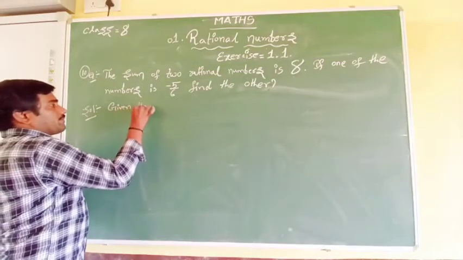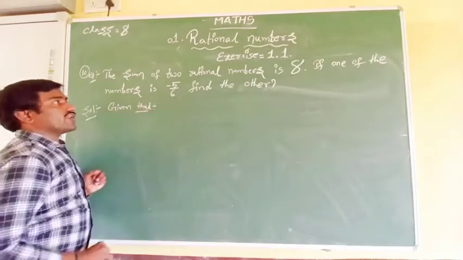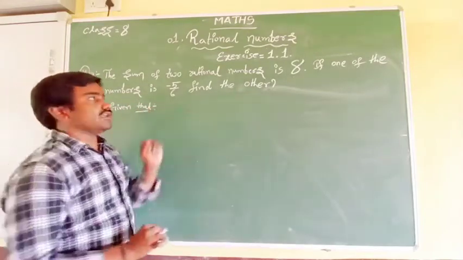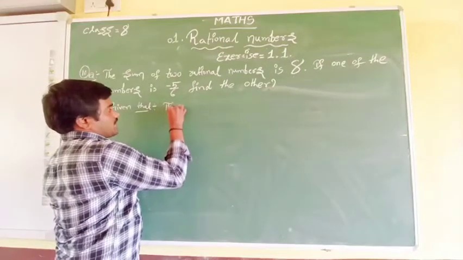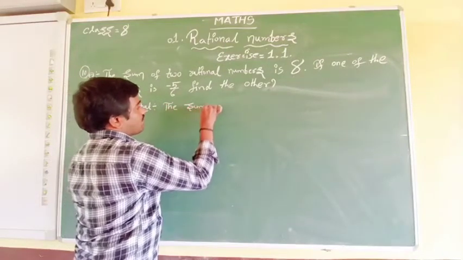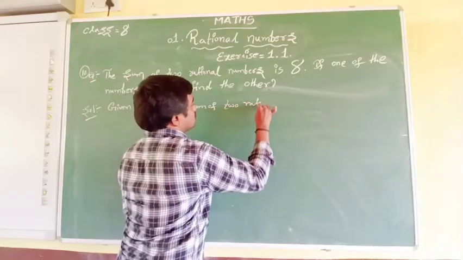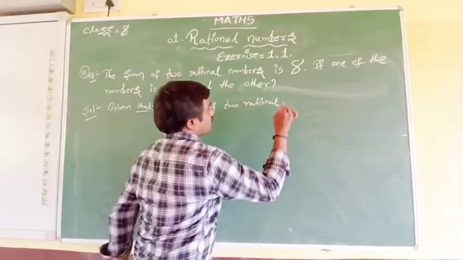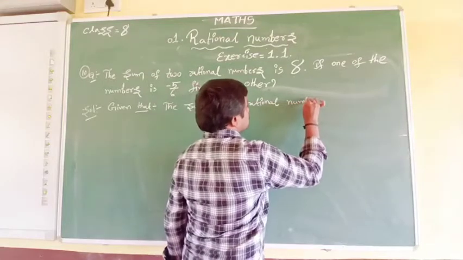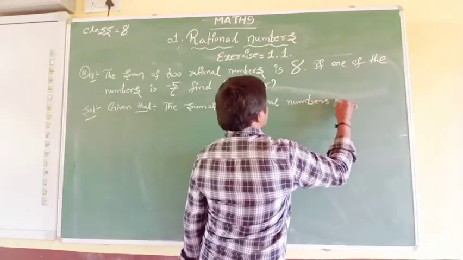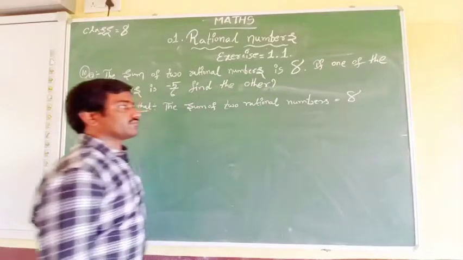Given that, what are they given here? The sum of two rational numbers is equal to 8.